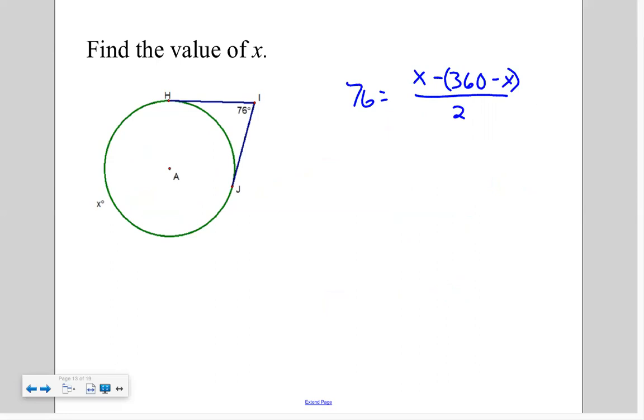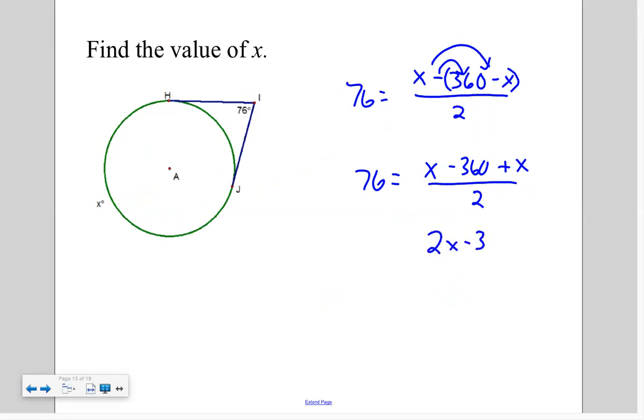So when I rewrite this, it's going to be 76 equals x minus 360 plus x. So combining like terms gives me 2x minus 360 over 2 equals 76. So I multiply both sides by 2. I get 152 equals 2x minus 360.